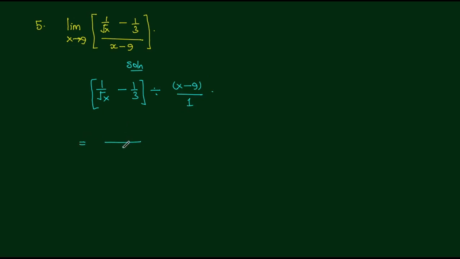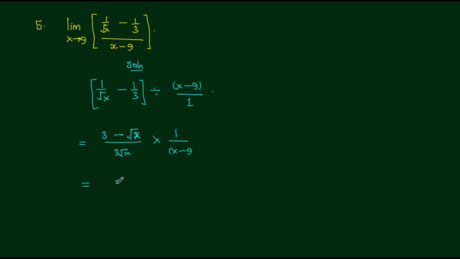Getting our LCM, we have 3 root x, dividing it over, this one will go to 3, then 3 will go, so we shall have here root x. So multiplying by 1 over x minus 9.